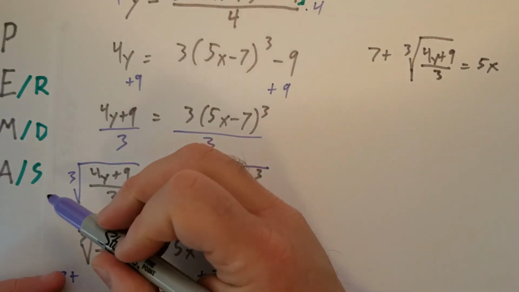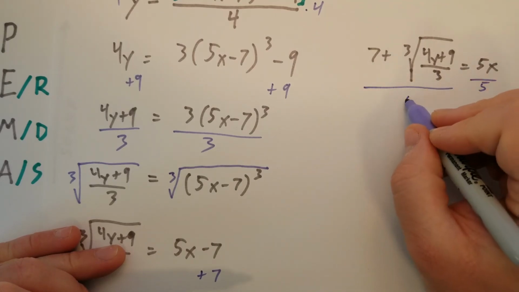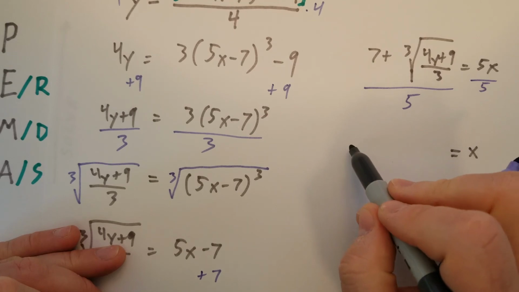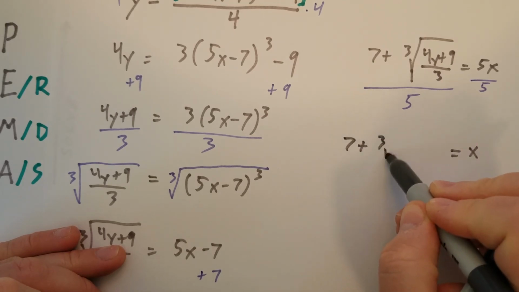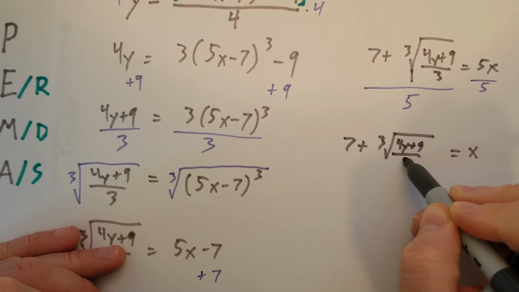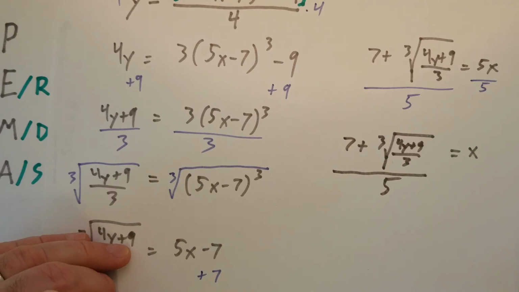And then, is there any multiplication or division to undo? And there we've solved for x.